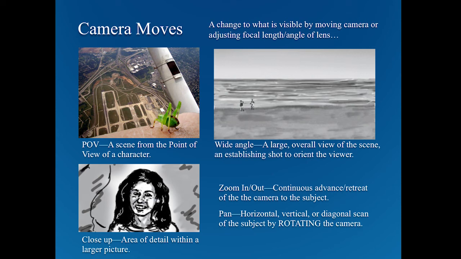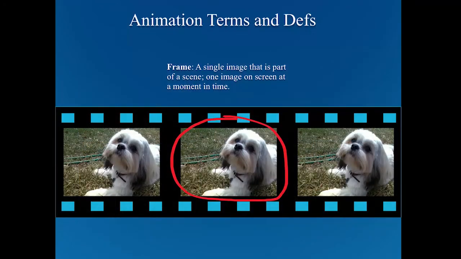A close-up. Close-up is an area of detail within a larger picture. Zoom in, zoom out, continuous advance or retreat of the camera to the subject. And then panning is the horizontal, vertical, or diagonal scan of the subject by rotating the camera itself.